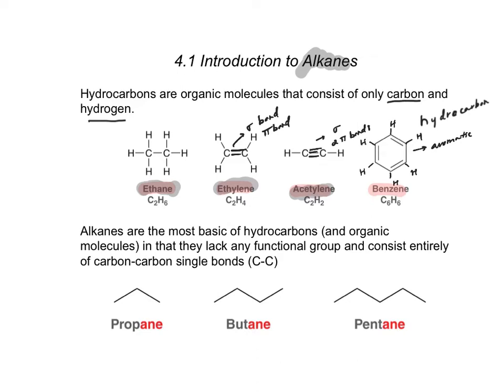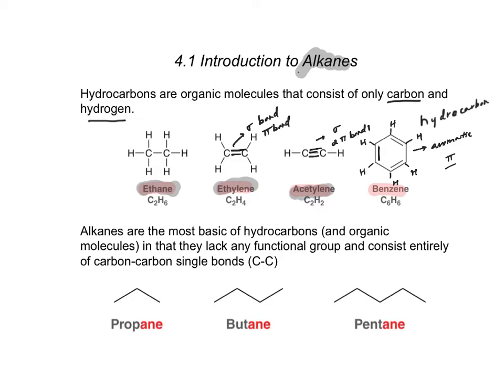But it also contains this alternating pattern of double and single bonds, and these double bonds consist of pi bonds. So we have a delocalized network of pi bonding in this aromatic ring. Ethylene, acetylene, benzene, all of these contain pi bonds. That's the big takeaway here.